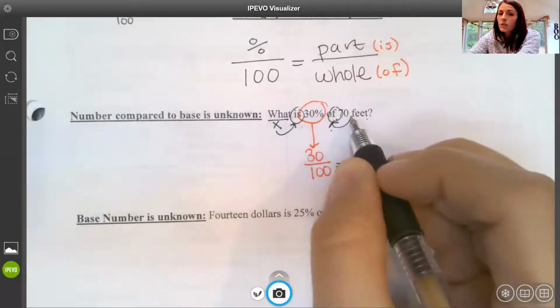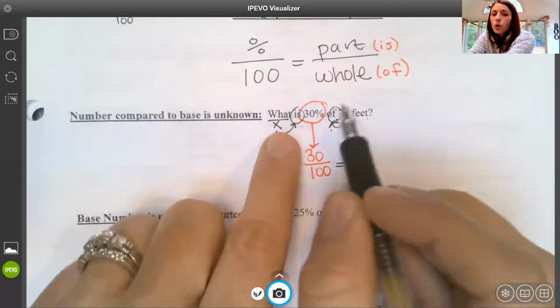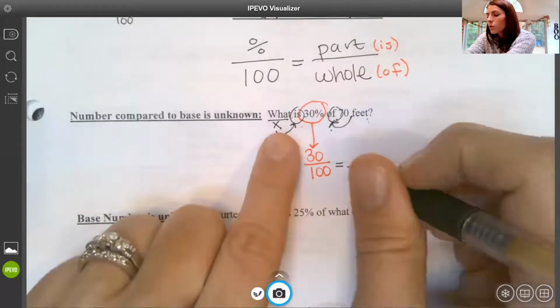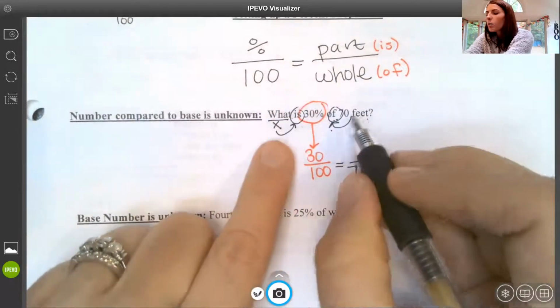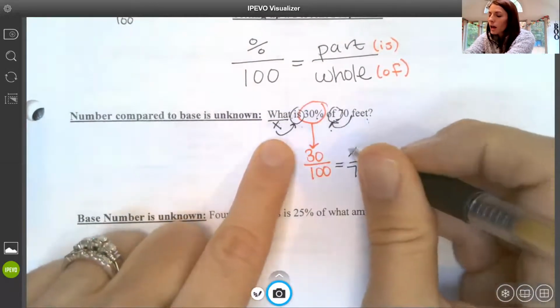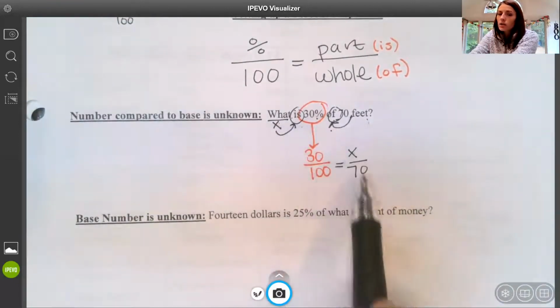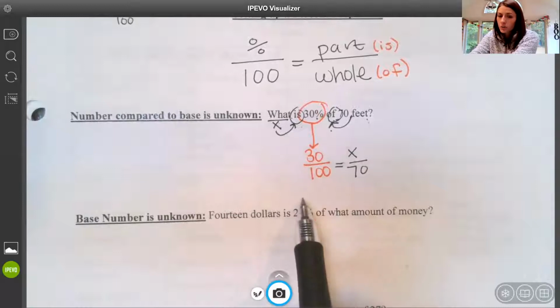See the is and the of? It's saying out of the whole 70 feet, so the whole goes in the denominator, what part of 70 feet would be 30%? Okay, x. What is 30% of 70? Is over of, percent out of 100.